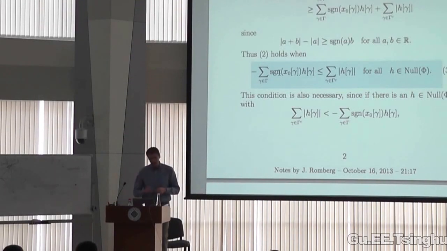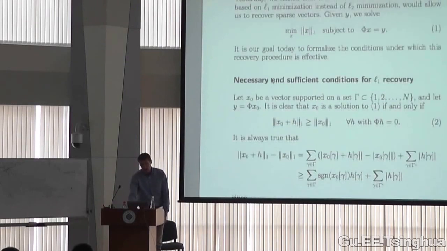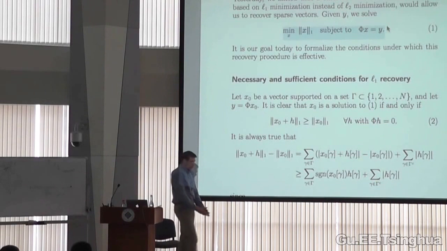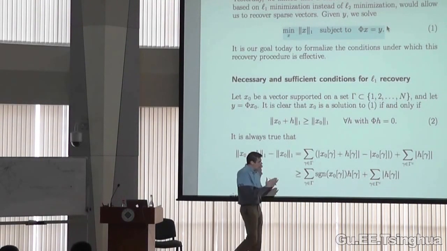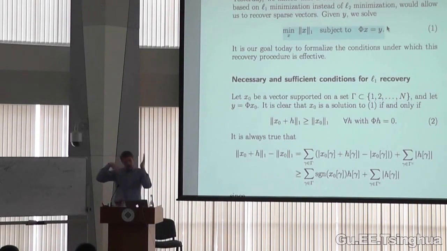So that's the first interesting thing: whether or not I can recover x naught using this L1 program. This is for exact recovery, and it doesn't depend on the actual values that are in x naught. It depends only on the sign sequence of the active coefficients and the support set.